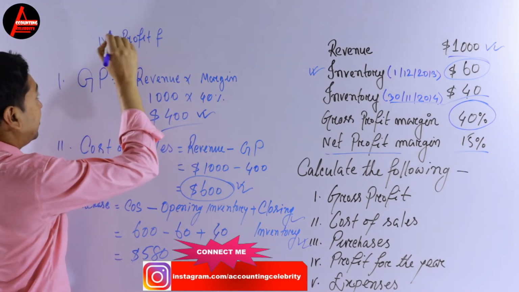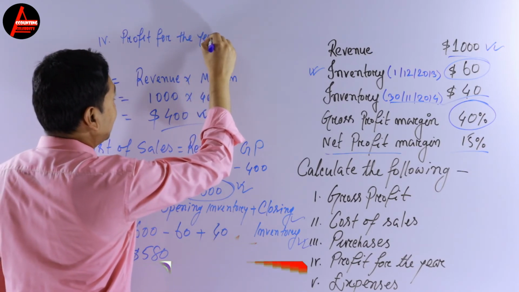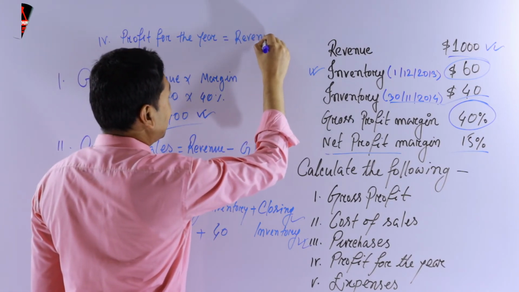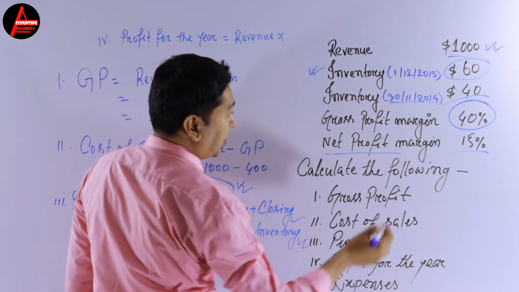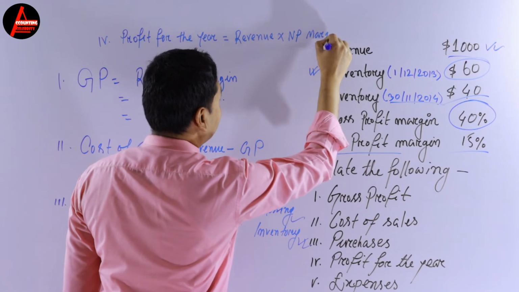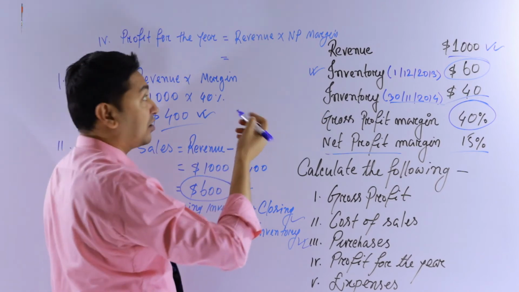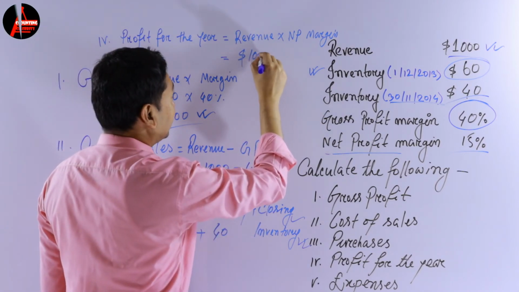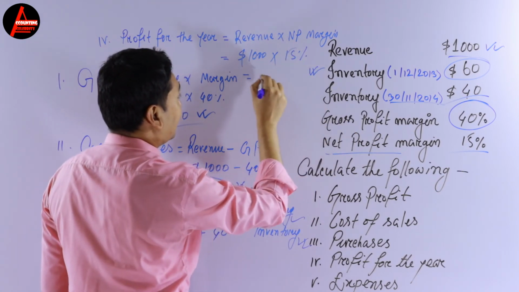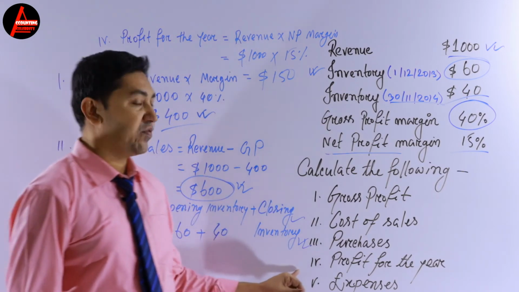So profit for the year equal to revenue times net profit margin. Okay, so what is the revenue here? Revenue is given $1,000 here, so write $1,000 and multiply by 15%. So if you calculate, the answer is $150. Okay, this is profit for the year.